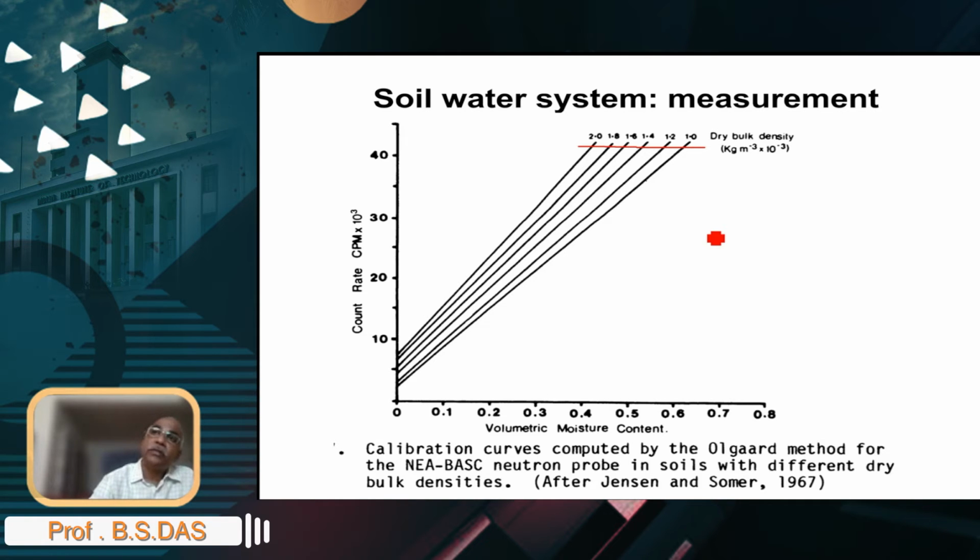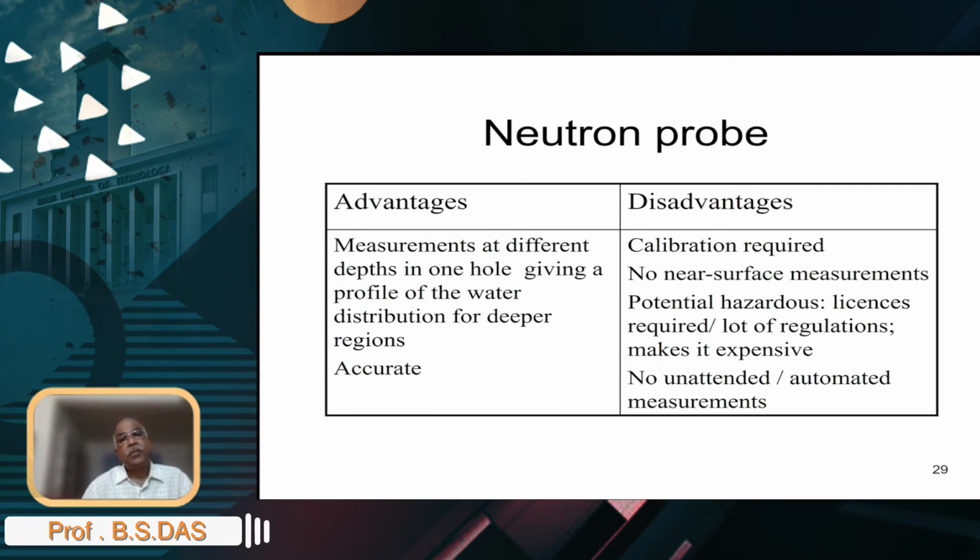Bulk density is not an invariant property of soil. As the density changes from time to time, you need a different standard curve, and that's not very convenient.